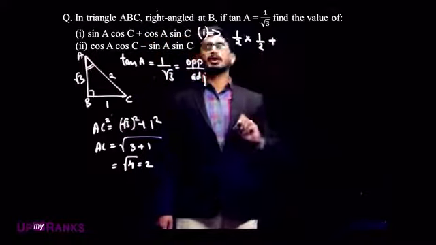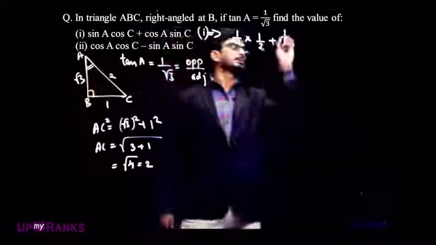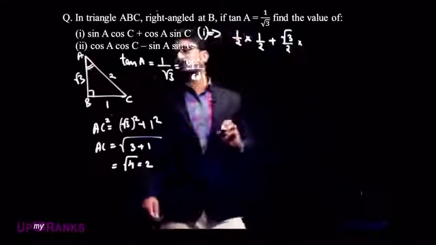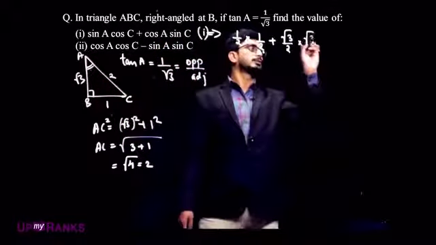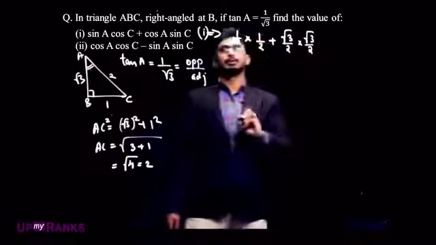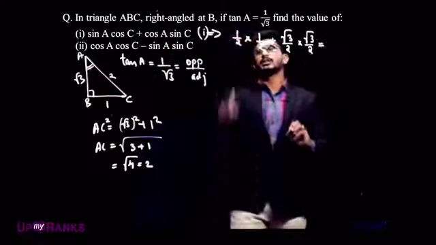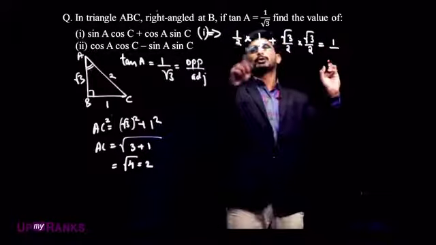Plus cos A, adjacent by hypotenuse, into sin C, opposite side by hypotenuse. So when we simplify this, you can see here 1 into 1 is 1, 2 into 2 is 4.